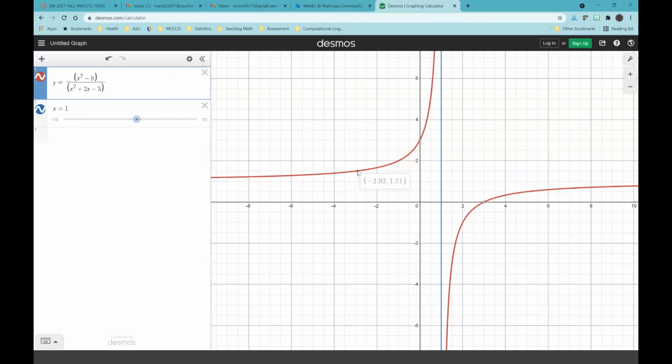Go slightly to the right, slightly bigger than 1.5, slightly to the left, slightly smaller than 1.5. But remember, 1.5 equals 3/2. Okay, and that's the value we got when we solved for the limit algebraically. Okay, everybody cool with this? Any questions?